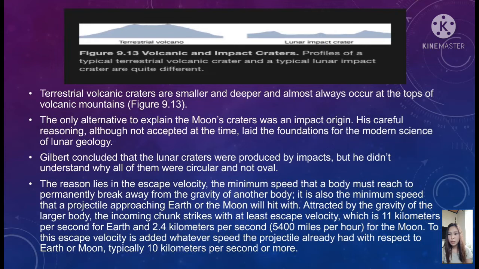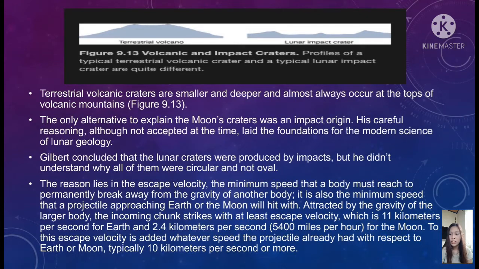It is also the minimum speed that a projectile approaching Earth or the Moon will hit with. Attracted by the gravity of the larger body, the incoming chunk strikes with at least escape velocity, which is 11 kilometers per second for Earth and 2.4 kilometers per second, or 5,400 miles per hour, for the Moon.